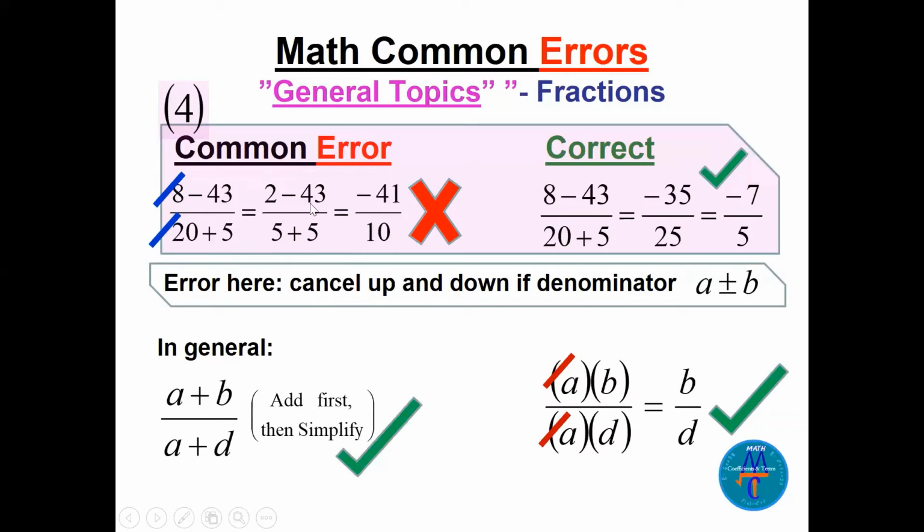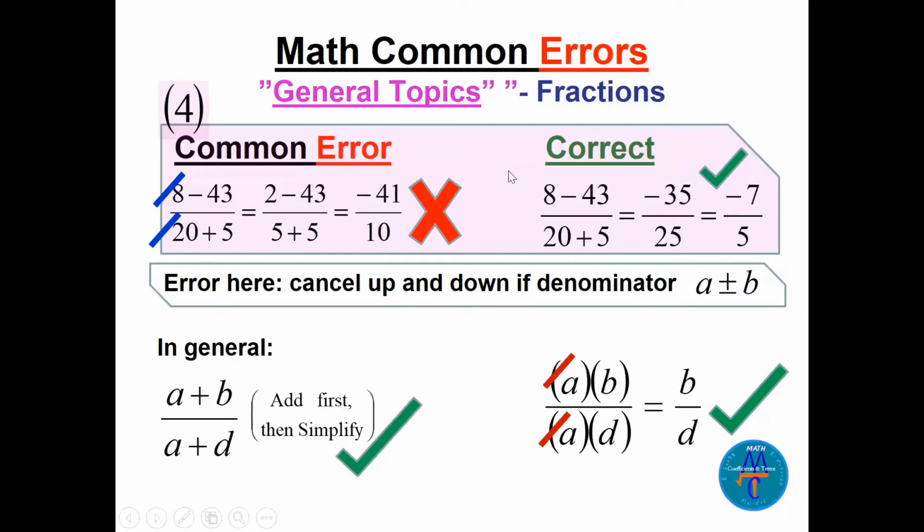If you continue, we get 2 minus 43 minus 41 over 5 plus 5, 10. That's completely wrong for the same reason. You have one error in different versions, different forms, so you have to be careful.